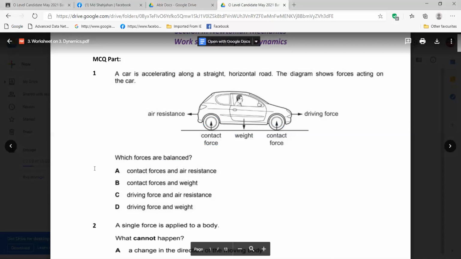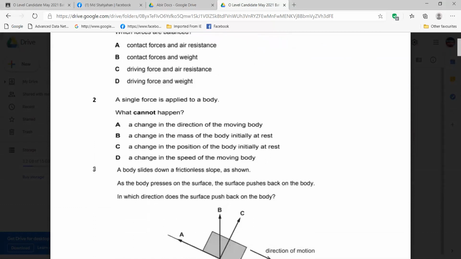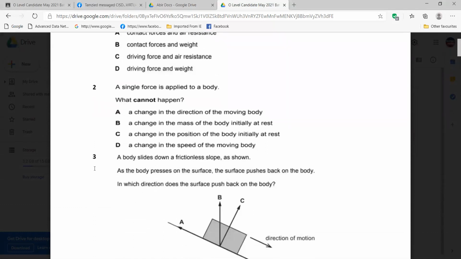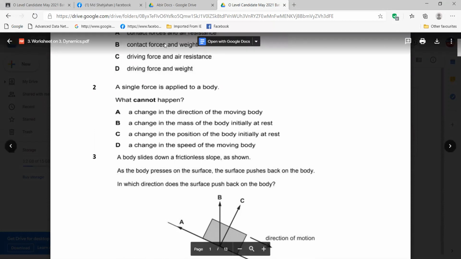Here we have a single force applied to a body, right? What cannot happen? That is our concern. You did not answer this one, right? Yes, sir. If a single force is applied on a body, there will be a change in motion.